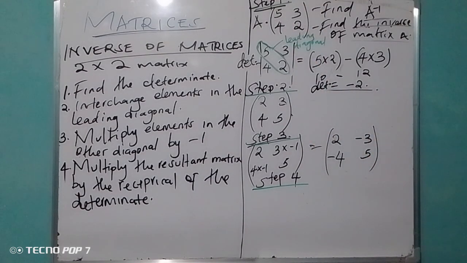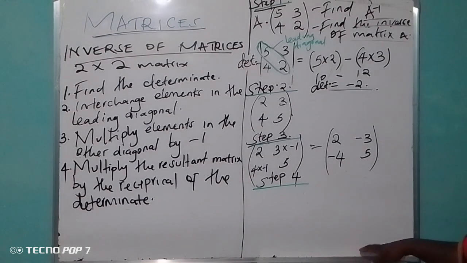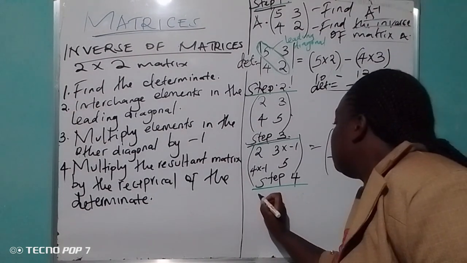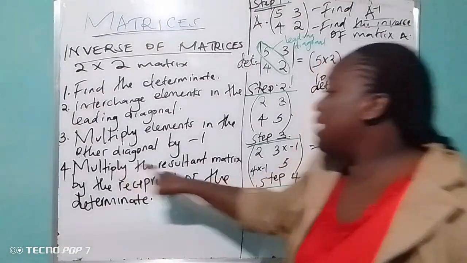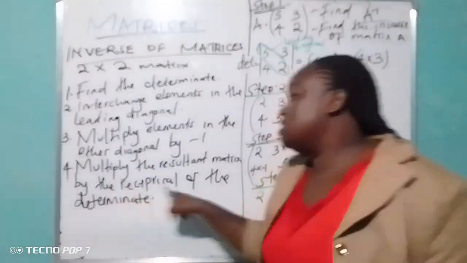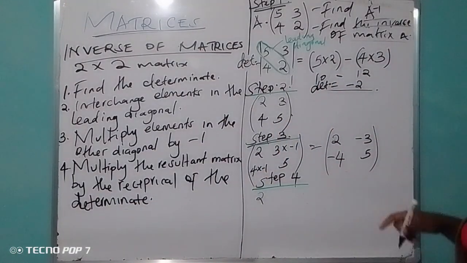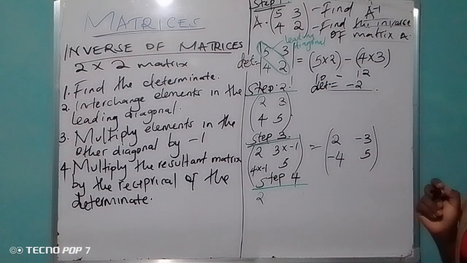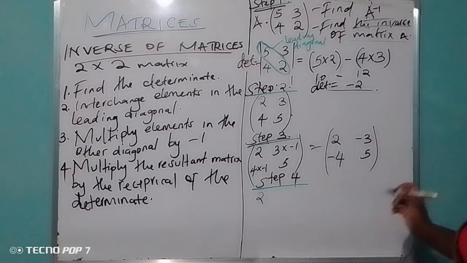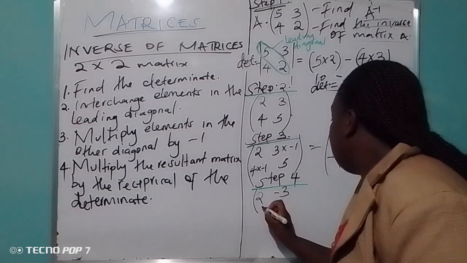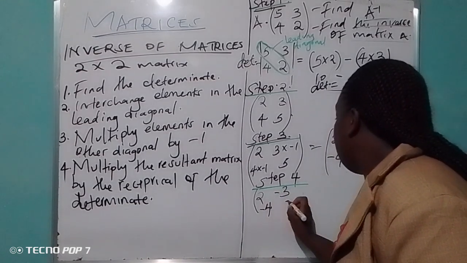Right? So the last step, which is step 4, we do what? Multiply the resultant matrix by the reciprocal of the determinant. The reciprocal of -2 is -1/2, right? So it will be 2, -3, -4, 5.